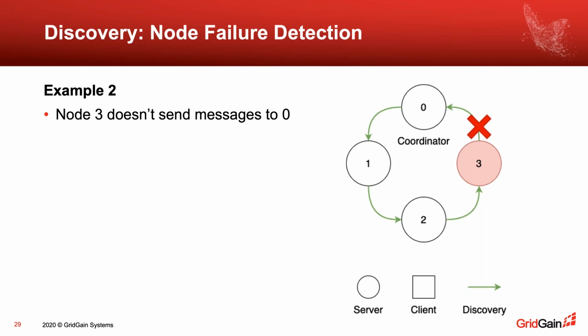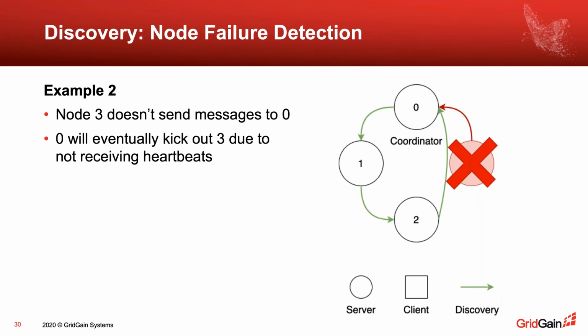Here our second rule comes into play. Node number 0 sees that it hasn't got a message from node number 3 for a long time, and it initiates some failure detection protocol in the cluster, and eventually the cluster realizes that node number 3 is the one that causes the failure and removes it from the cluster. And this is how failure detection works.